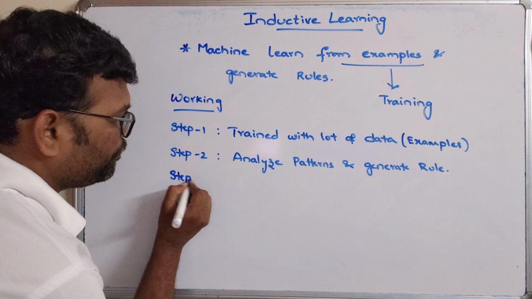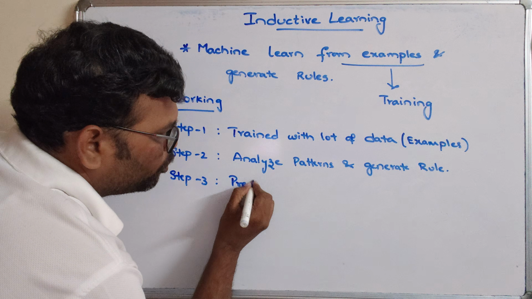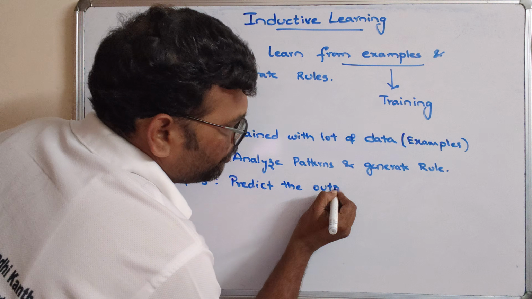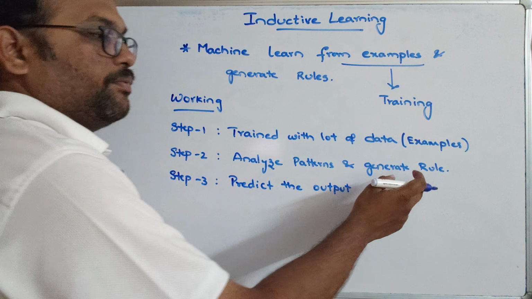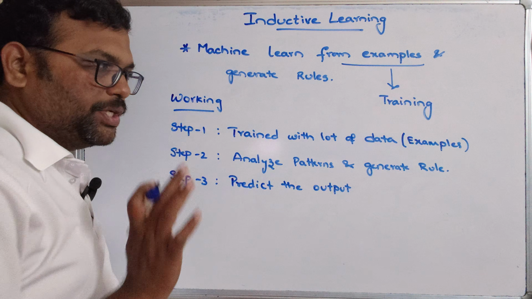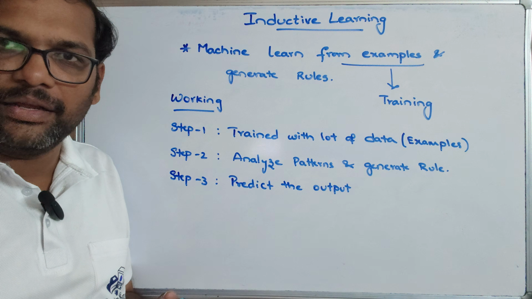Step 3: it will predict the output by using this rule generated by the machine. So this is the working of inductive learning.